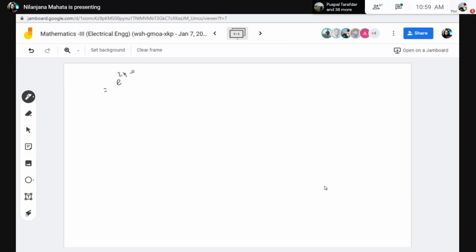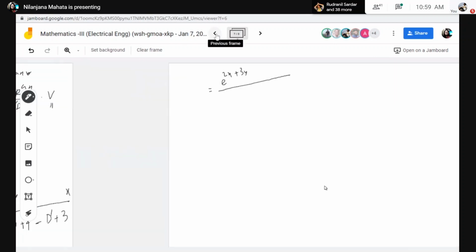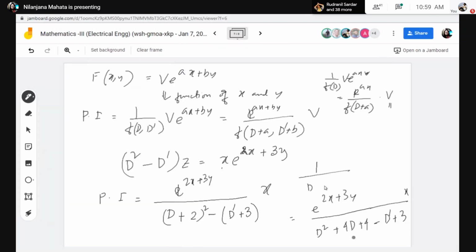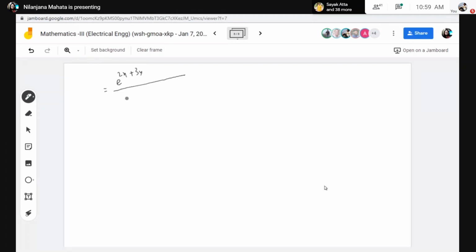E to the power 2x plus 3y, and this was D square plus 4D minus D' plus 1, operated on x.